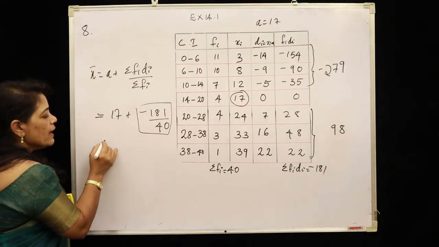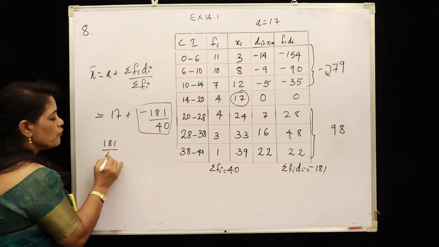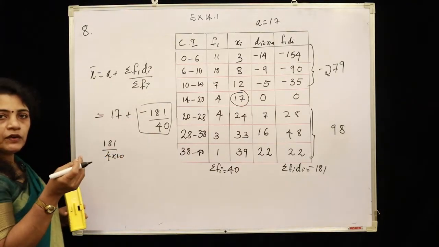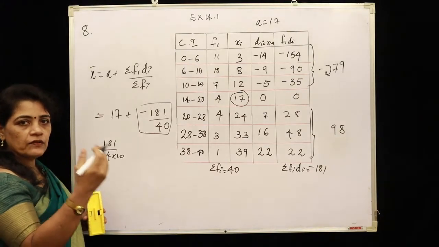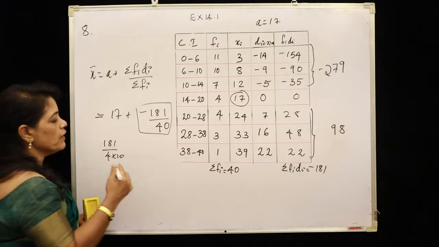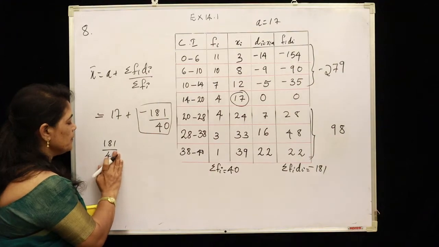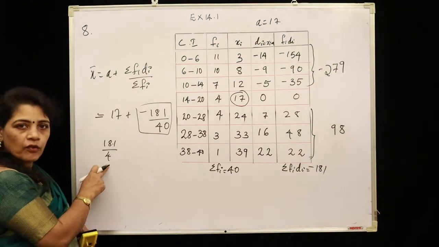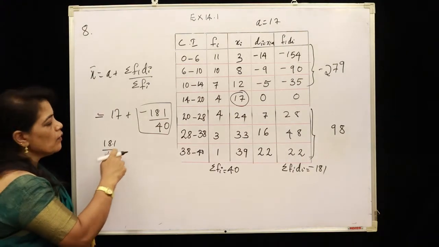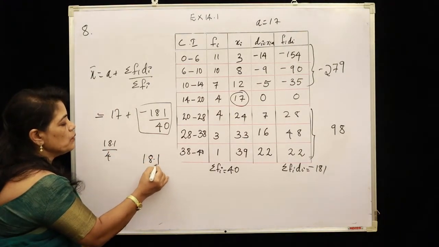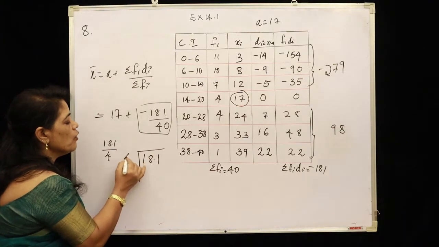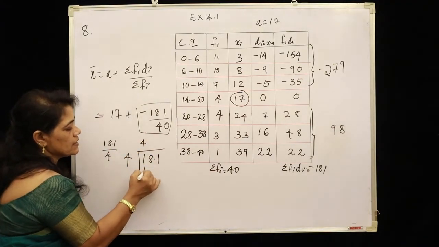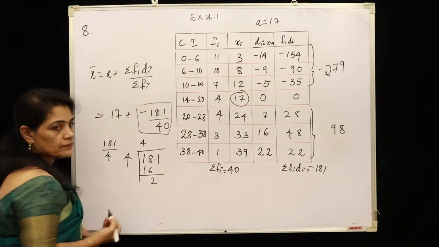So 181 divided by 40 can be written as 4 into 10. When we divide a number by 10, we shift the decimal point to the left by 1 place, so this becomes 18.1 divided by 4. Hope this step is clear. So 18.1 divided by 4. 4 in 18, 4 times 4 is 16, 2 is the remainder.